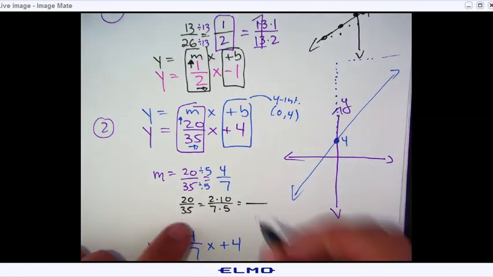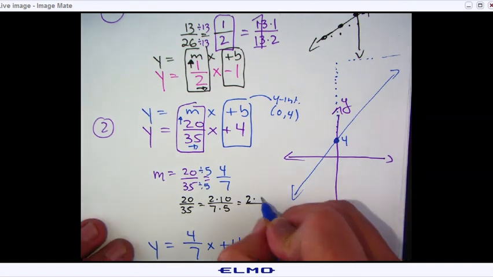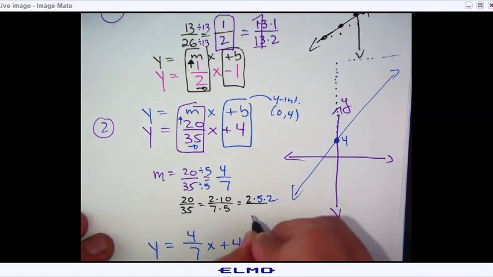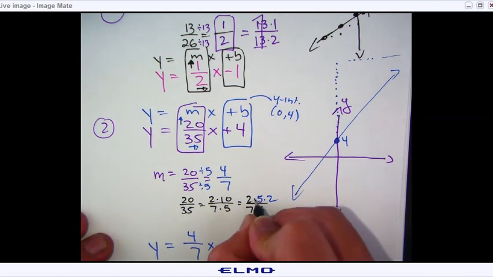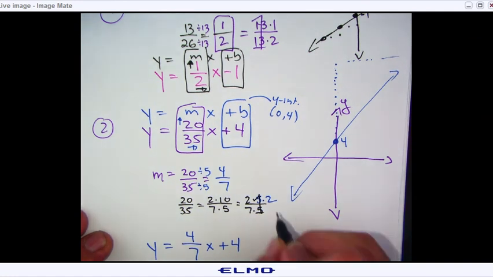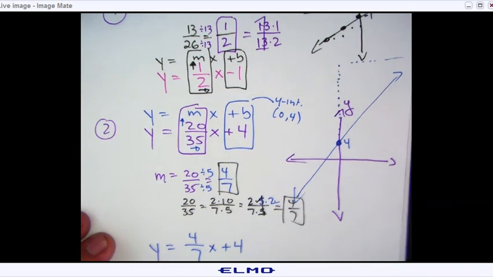So we'll have 2 times 5 times 2, and on the bottom I have 7 times 5. And there's your giant 1. Can you do any more? No. Whatever's left over, just multiply. So I get 2 times 2 is 4 over 7, and you get the same thing, 4 over 7.